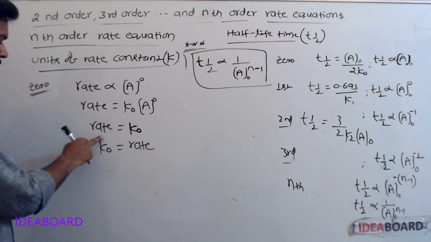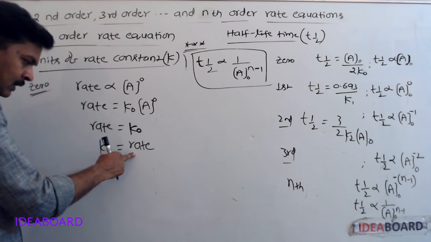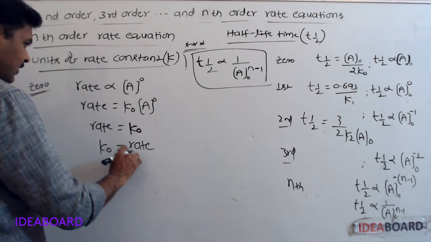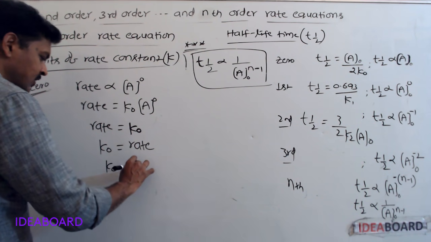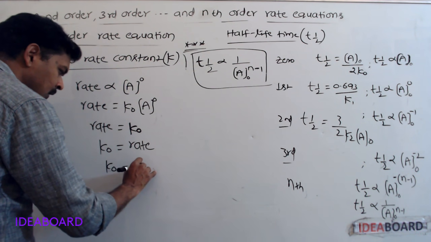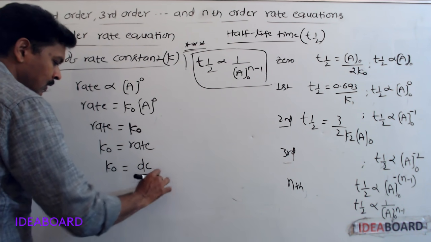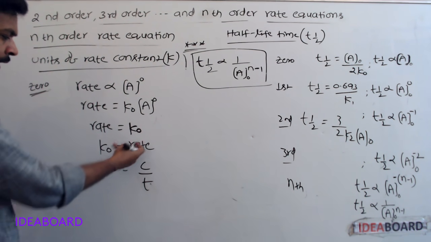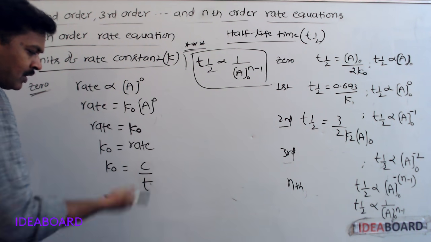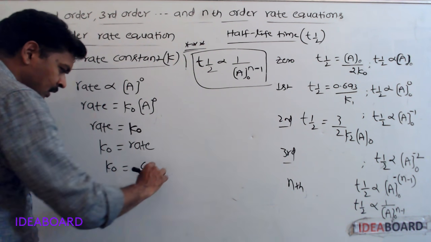Units of zero order reaction rate constant are nothing but units of rate of reaction. What are the units of rate of reaction? Rate is nothing but dC by dt, or dx by dt, which means concentration by time.